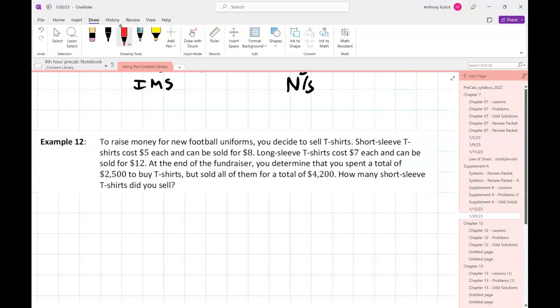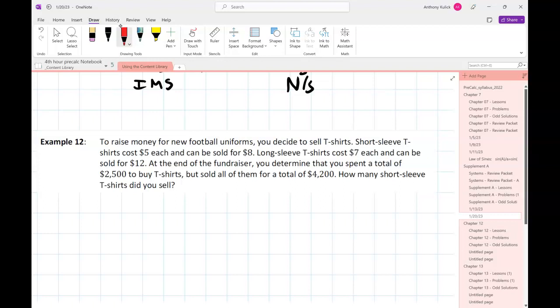So here's what we're going to do. I'm going to talk about how to do the setup in detail here. The first thing I want to do is figure out what the unknowns are. What are we looking for in the problem? Oftentimes, if you read the last sentence, that's going to tell you. What's the last sentence asking for?